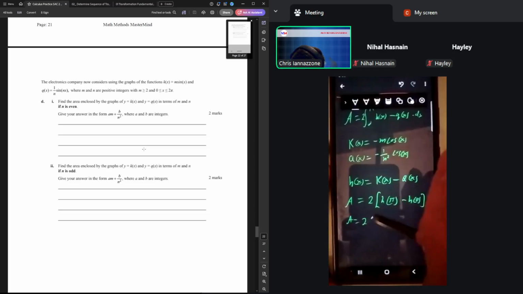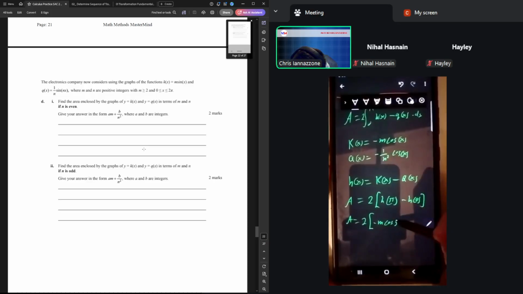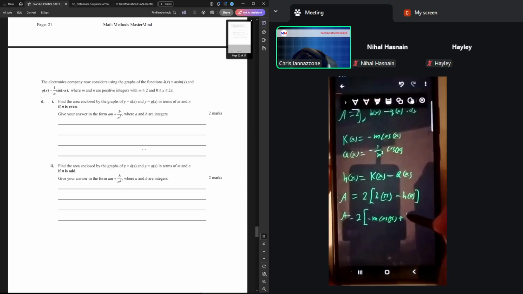That's going to be 2 bracket, so h of pi just means k pi, so that's minus m cos pi, minus q, so it's going to be minus minus for the plus, 1 over n squared cos pi again.